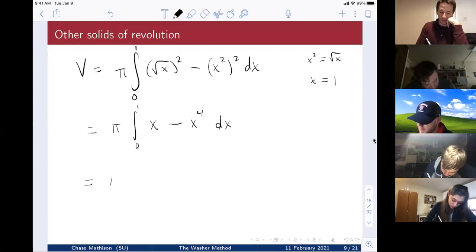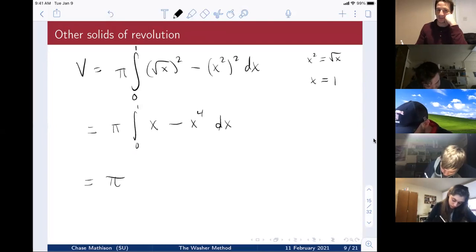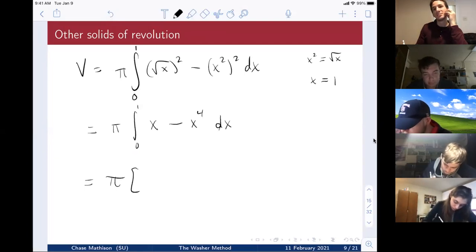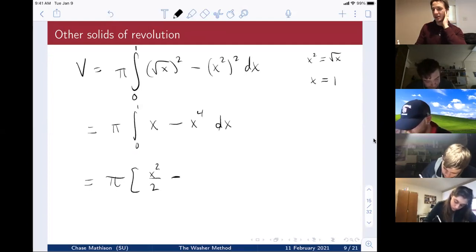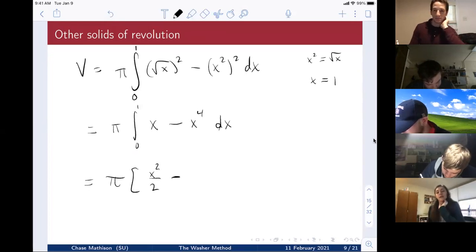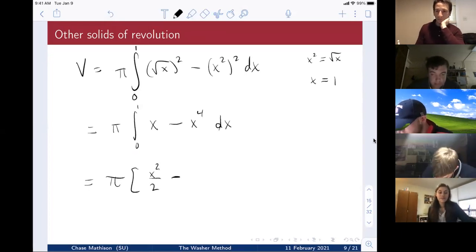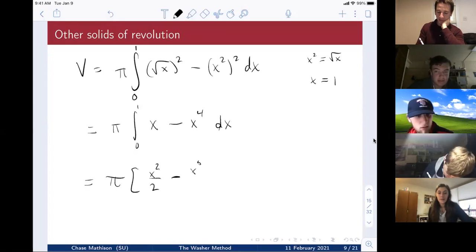So this gives me pi times the integral of x with respect to x, which is x squared divided by 2, perfect, minus the integral of x to the 4th with respect to x, which is x to the 5th divided by 5. Perfect.